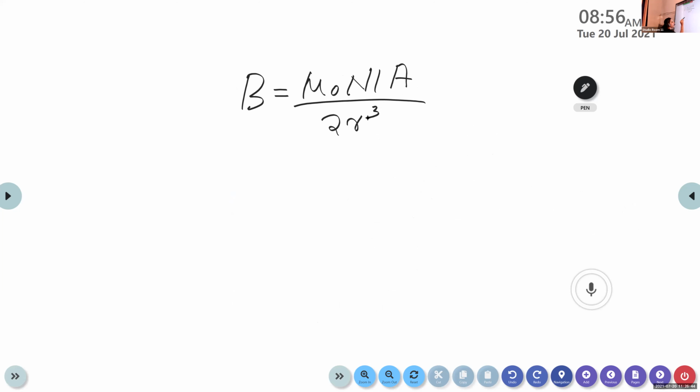So IA, the product of current into area, is equal to magnetic dipole moment M.